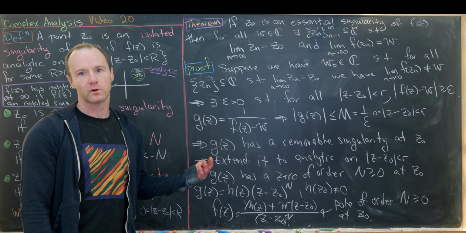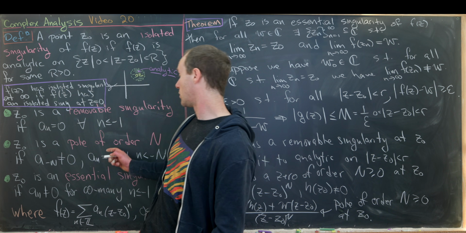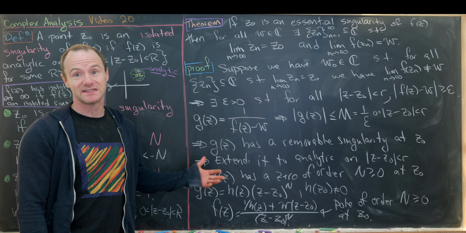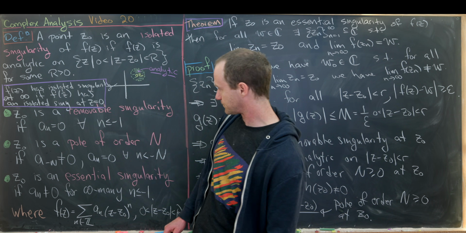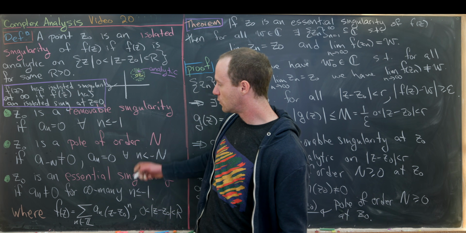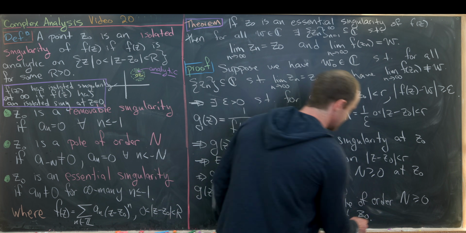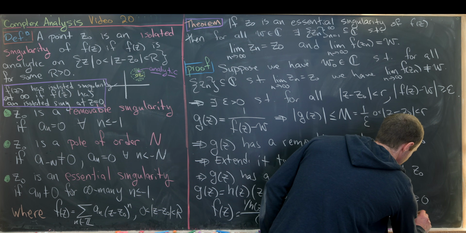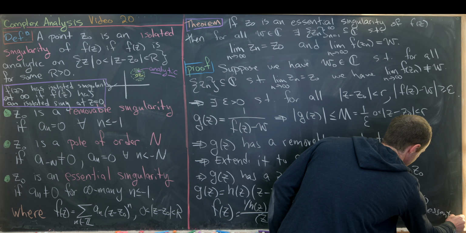A pole of order bigger than 0 would be just like a pole like we defined over here. But that means the singularity that we have is either a removable singularity or a pole, which means it's not an essential singularity. So we have z naught is not essential.